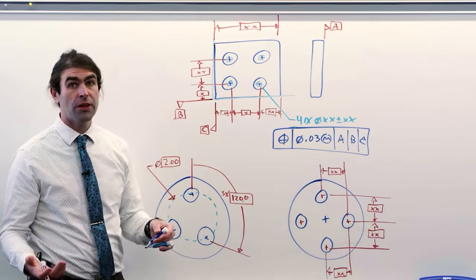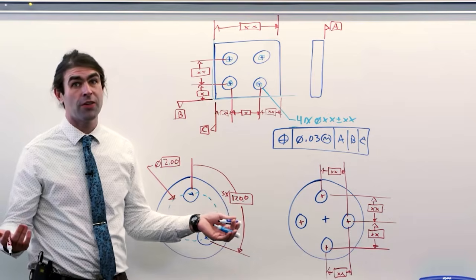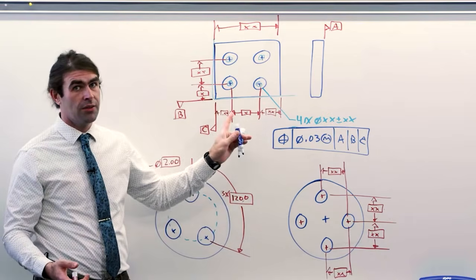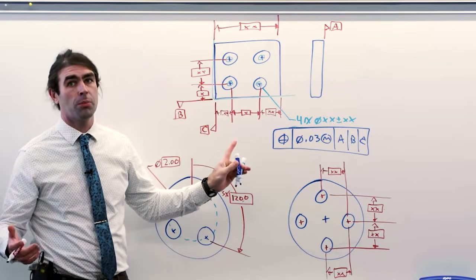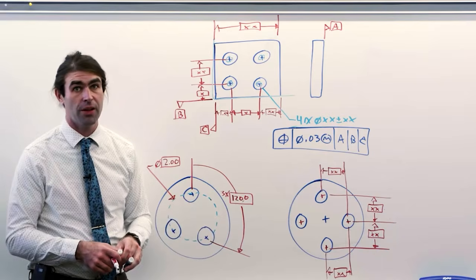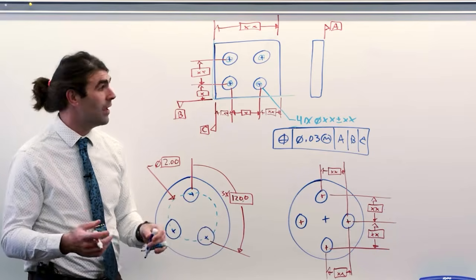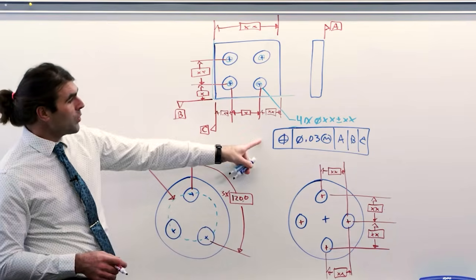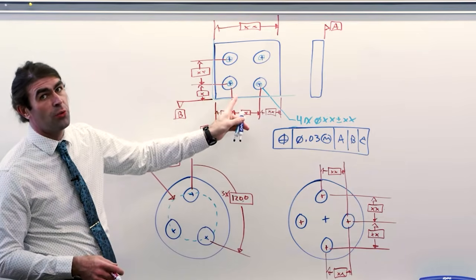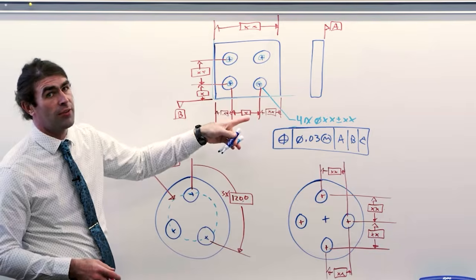But as far as inspection goes, it's theoretically perfect anyway, so there's no tolerance stack up here. Again, don't put this on a drawing because people will complain, but as far as inspection goes, it wouldn't make any possible difference, right? Now, with this particular one, like I said, all the tolerance zones are to A, B, and C, the datum reference frame.